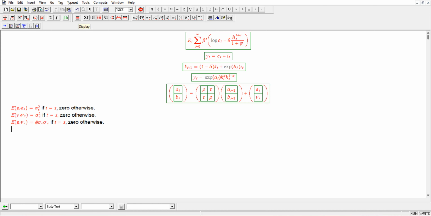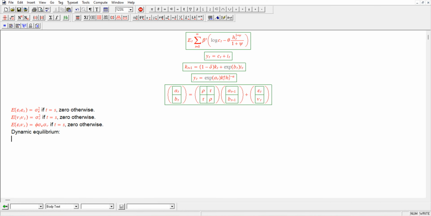Finally, we need to write down the functions that characterize the dynamic equilibrium of this environment. Now we're going to need to start by writing down the value function. So let's make V a function of the agent's capital and the two shocks that they experience.